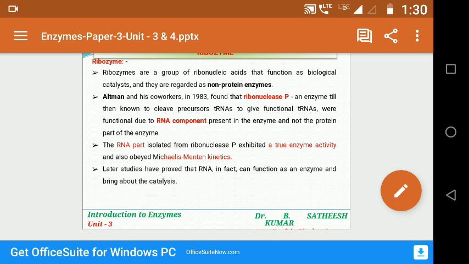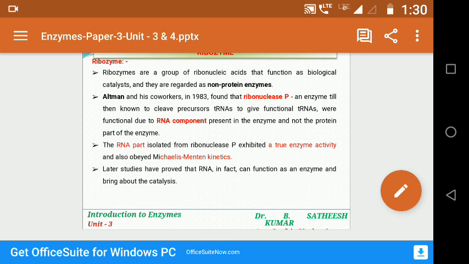ribozyme, where an RNA molecule sometimes acts as an enzyme. Not all RNA molecules, just two or three examples are there where the RNA molecule has been shown to have catalytic activity. Therefore they are called ribozymes.